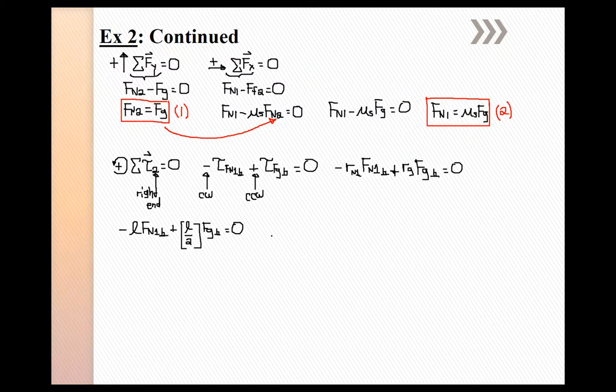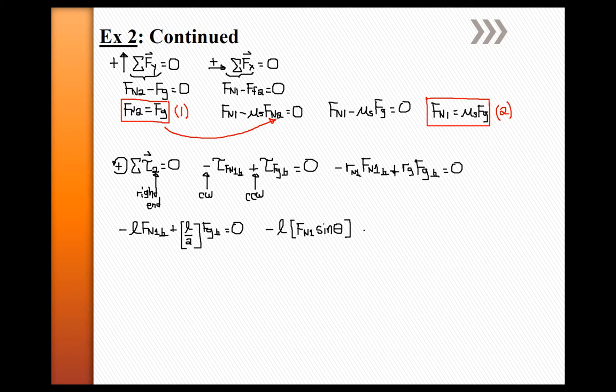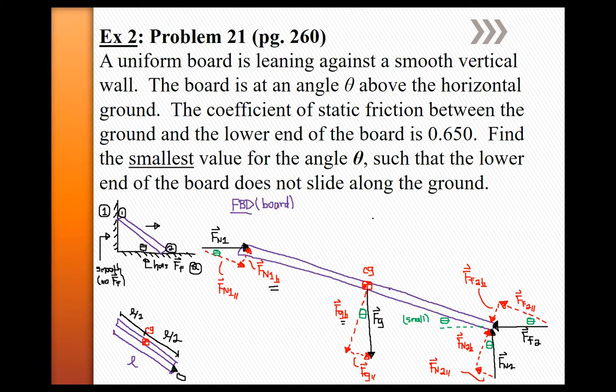Therefore, I can expand this to negative L multiplied by Fn1 times sine theta, plus L over 2.